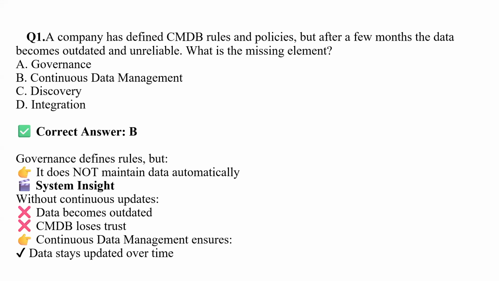Before going to this concept, I will explain a live example. For example, this school has 500 students in its strength. As per the rule, they take the attendance of these 500 students daily.